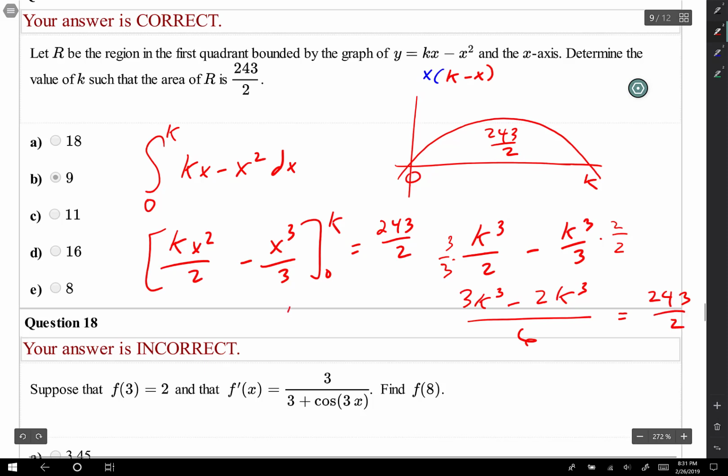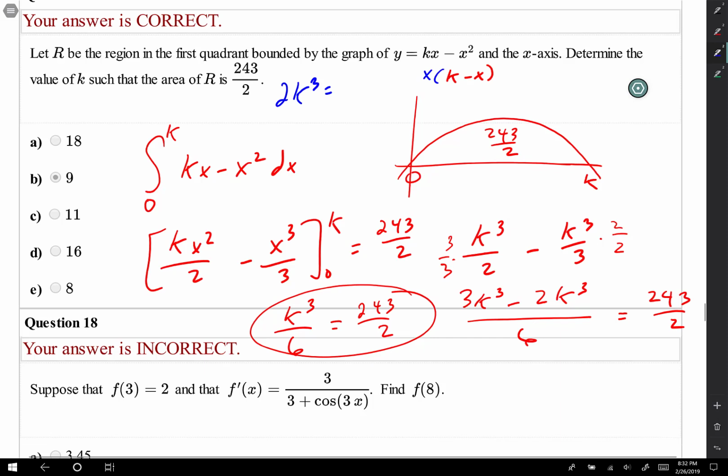So now you have k cubed over 6 equals 243 over 2. And I guess I would cross multiply maybe, or whatever you guys think is easier. I'm going to change colors here because it's getting pretty cluttered. 2k cubed equals 243 times 6. I guess you could have also done 2 goes into 6 3 times.